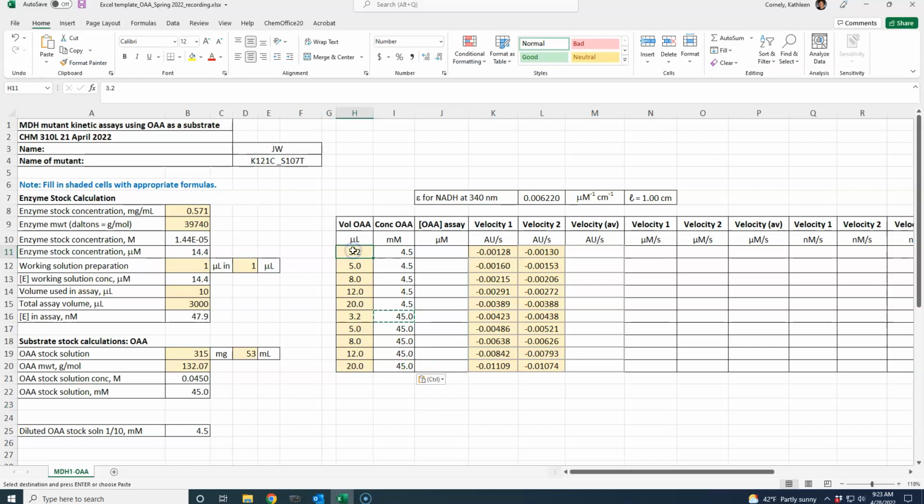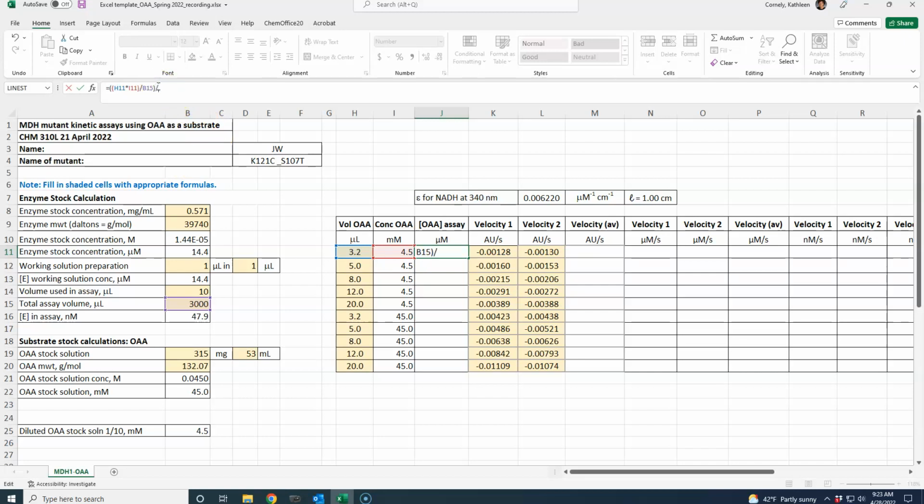Okay, so those are the volumes of the solutions that we used, and now we want to know the OAA concentration in the assay. So again, we do a V1 M1 equals V2 M2 calculation. So if we have 3.2 microliters of a 4.5 millimolar solution, and we had a 3,000 microliter assay, that would actually give us the concentration of the solution in millimolar, but I want it in micromolar.